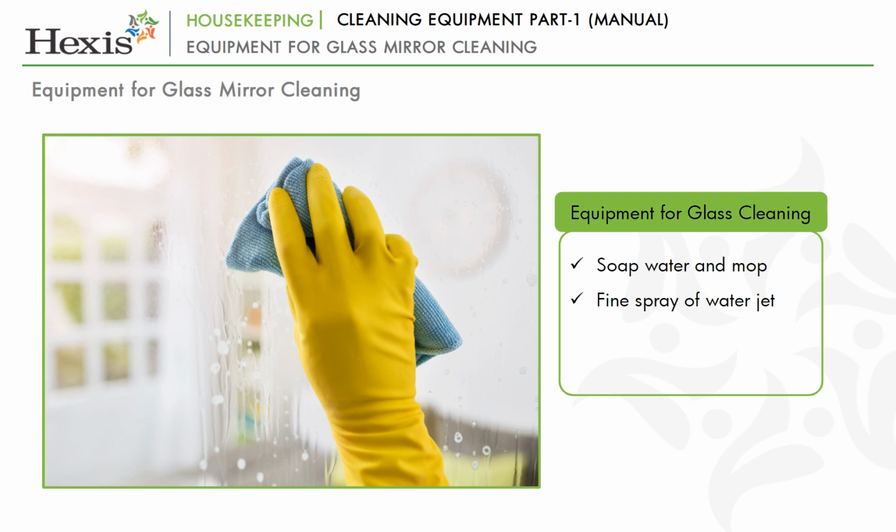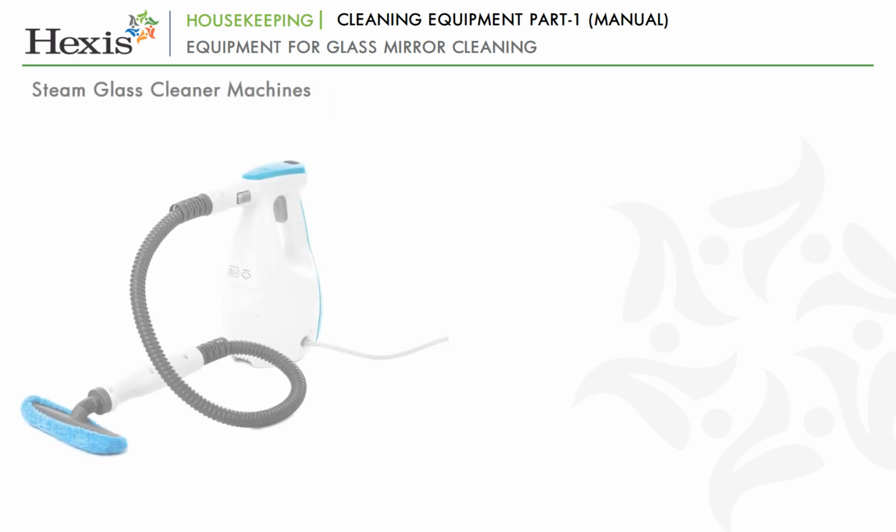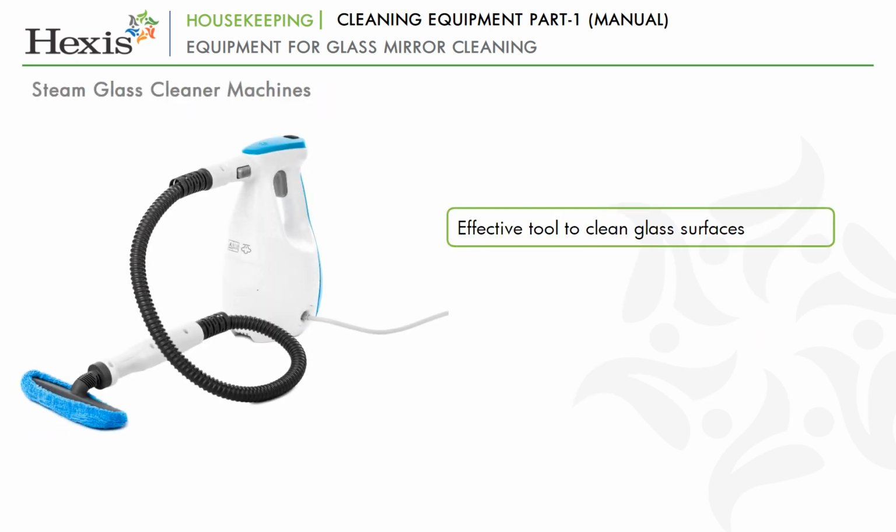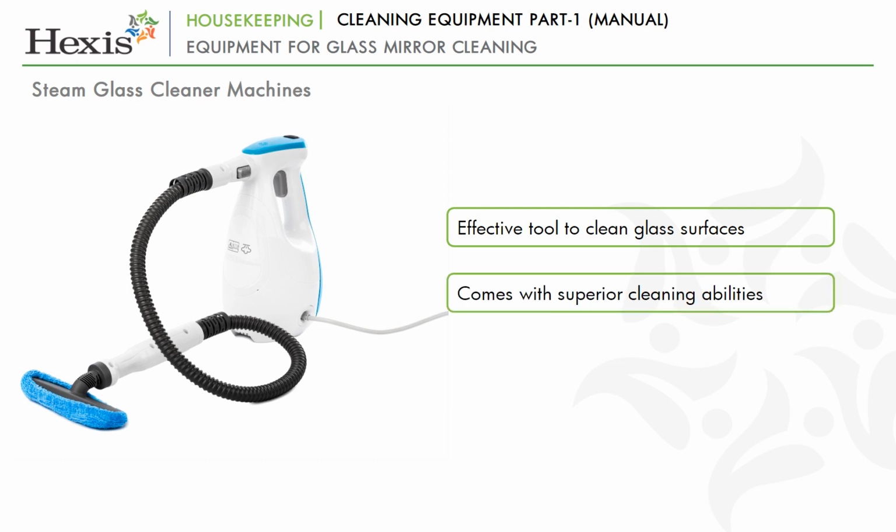To get glass surfaces really clean and sparkling requires an advanced glass cleaning machine. Let us look at the different methods of glass cleaning. Steam glass cleaner machines are very effective to clean glass surfaces and make them sparkling and attractive. Steam cleaning is the perfect way to clean glass surfaces as they have superior cleaning abilities.